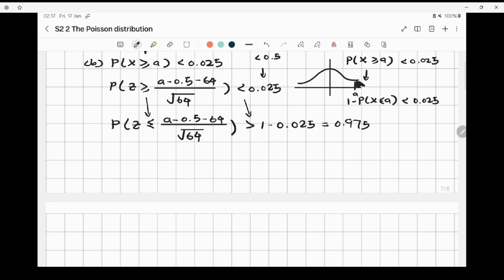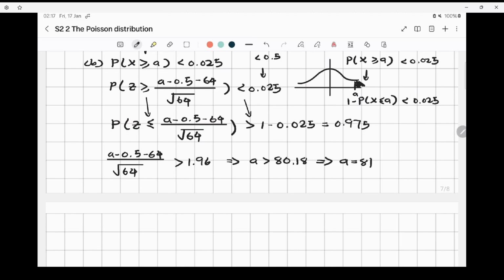So your z-score happens to be 1.96. So finally you just move all the numbers to the right side. A is greater than 80.18, or A is 81. So your right tail A is 81.